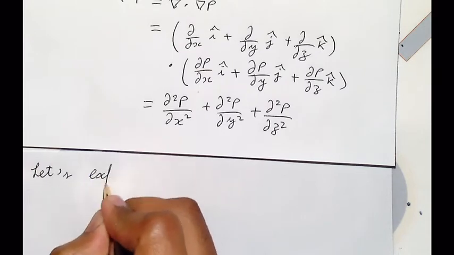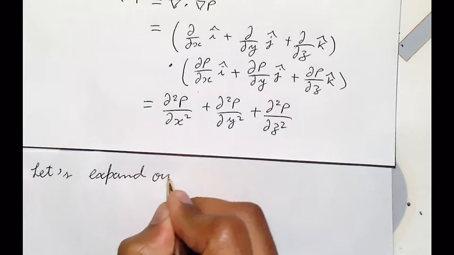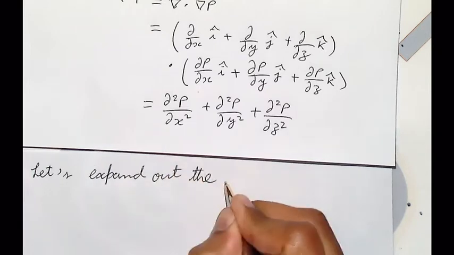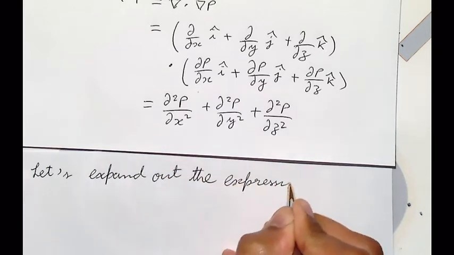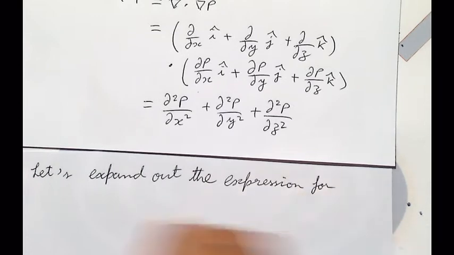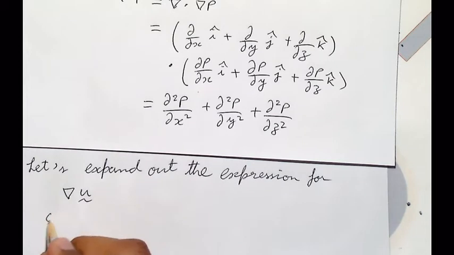Let's expand out the expression for nabla u. And again, this is grad u, or gradient of u.